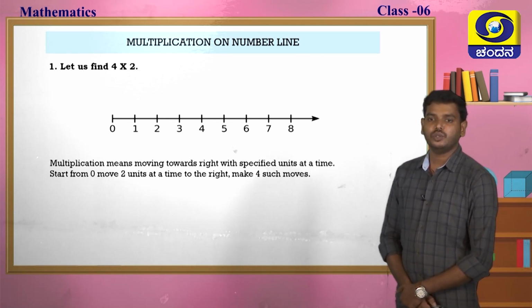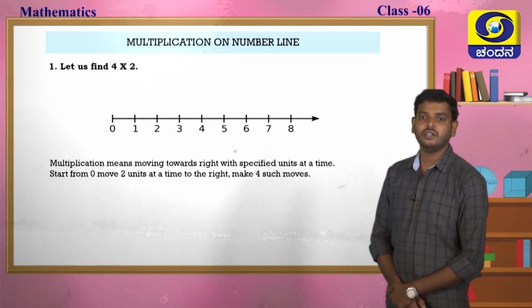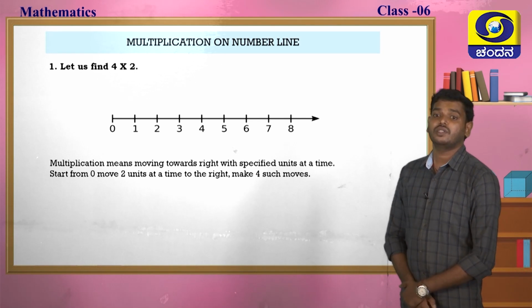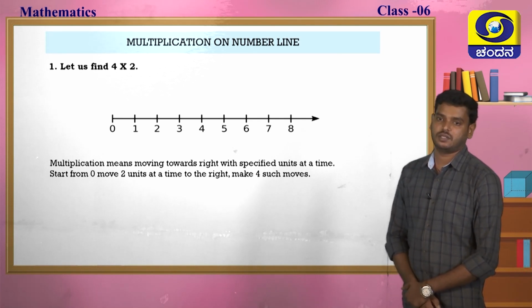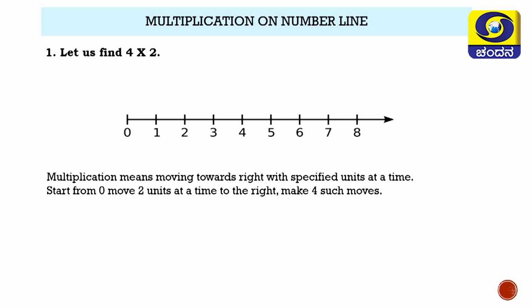Multiplication means moving towards the right with a specified unit at a time. Of course, even here we need to move towards the right with the specified units at a time. Start from 0, move 2 units at a time to the right, and make 4 such moves. We start from 0 and jump 2 units.